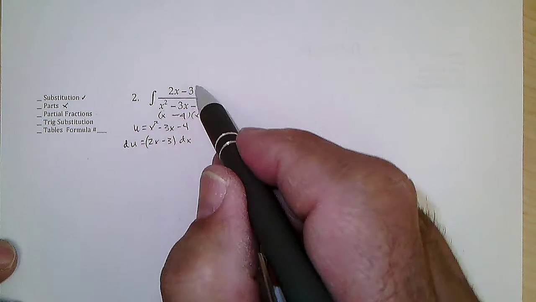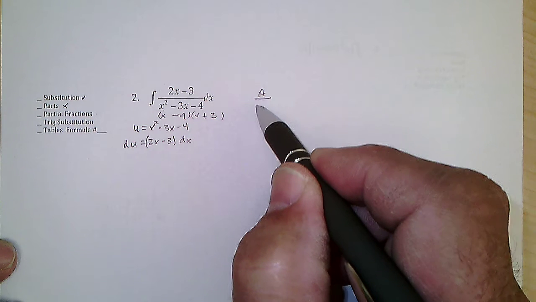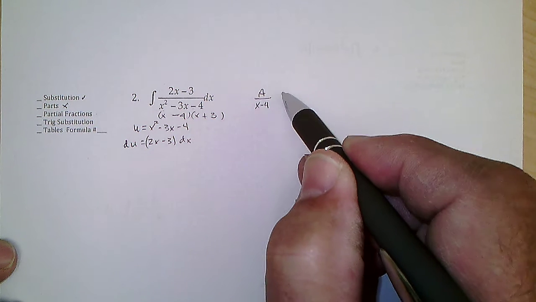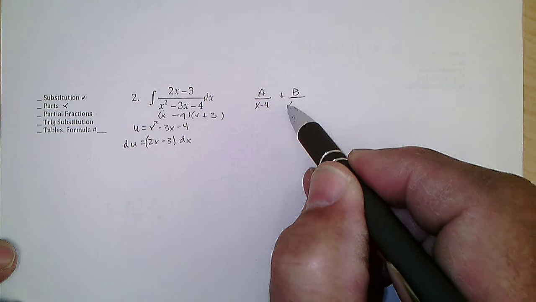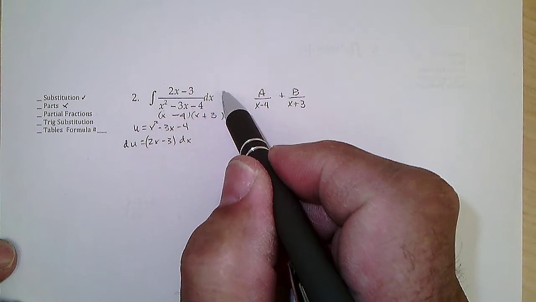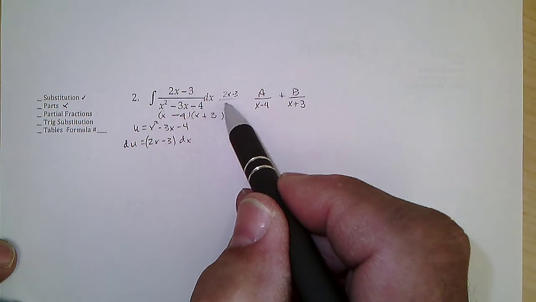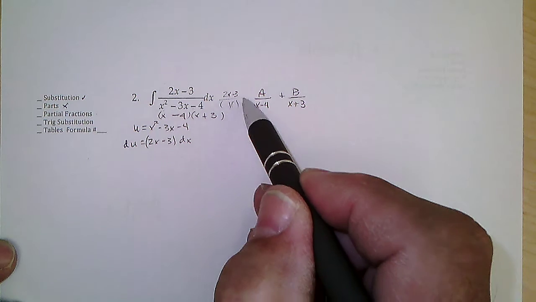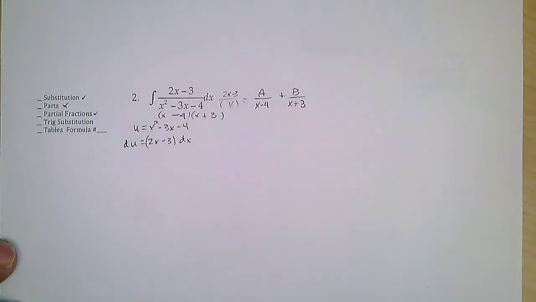So we would want to change this into a over x minus 4, for instance, plus b over x plus 3, and figure out what a and b is so that it comes out to be 2x minus 3 when we get common denominator. So this one looks like it'd work for partial fractions.